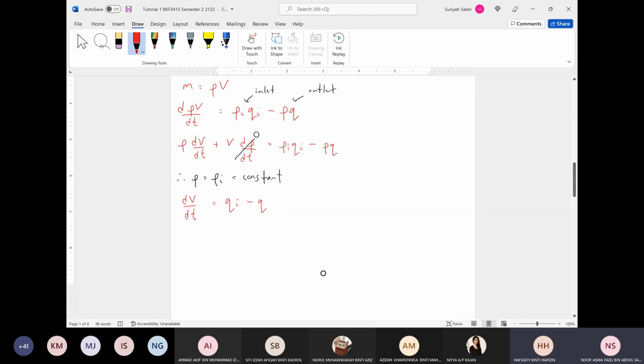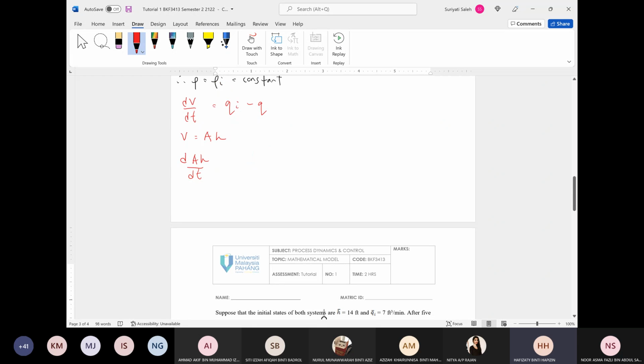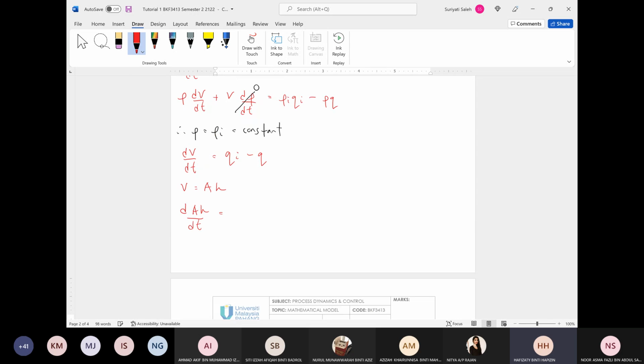We know that V equal to area multiplied by height represents the volume inside the tank. So we substitute into the equation, and then we have A dH over dt plus H dA over dt equal to Qi minus Q.